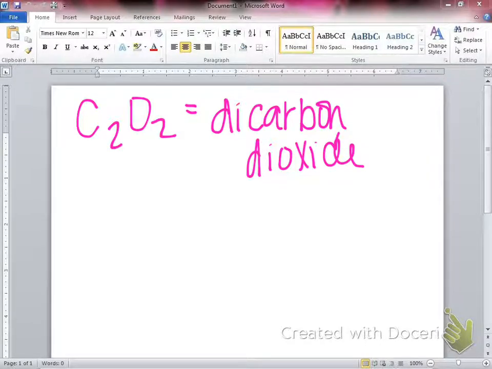Carbon gets a prefix because there is more than one of them. Oxygen always gets a prefix because it's the second element. And we have 2 and 2. Dicarbon dioxide. That's it.